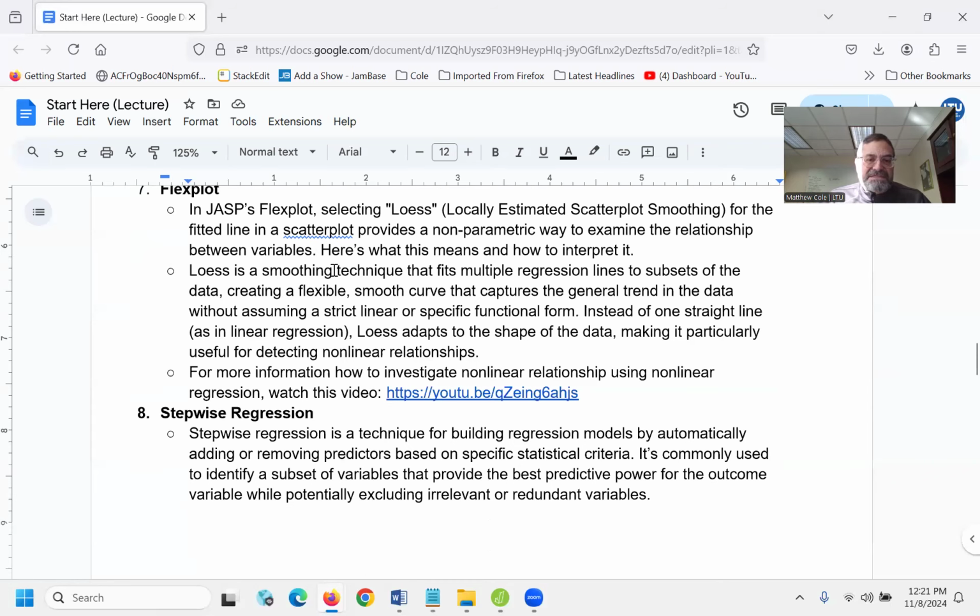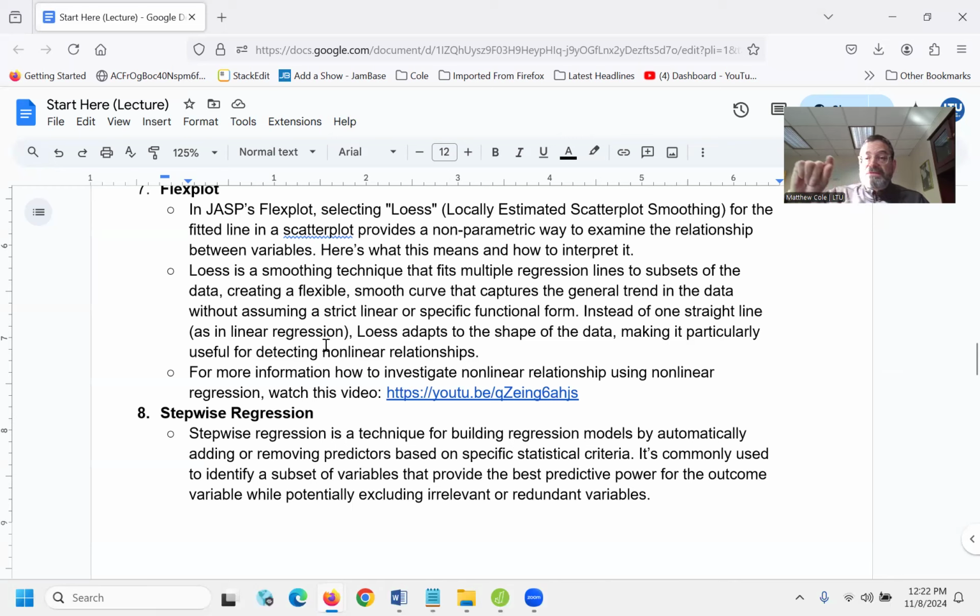And so what is it? It's a smoothing technique. It fits multiple regression lines to subsets of the data, creating a flexible, smooth curve that captures the general trend in the data without assuming a strict linear or specific functional form. Instead of one straight line, as with linear regression, the FlexPlot with LOESS adapts to the shape of the data, making it particularly useful for detecting nonlinear relationships.